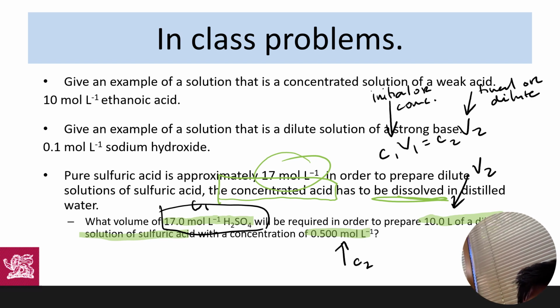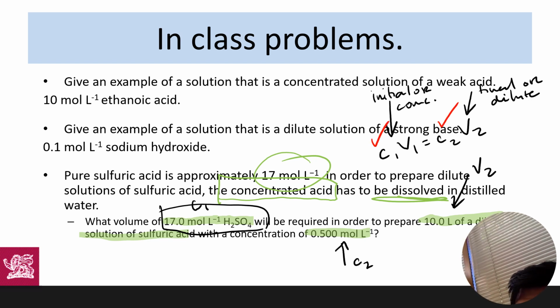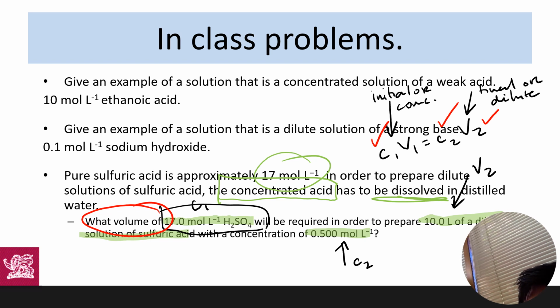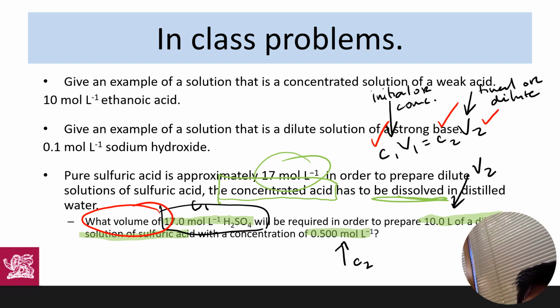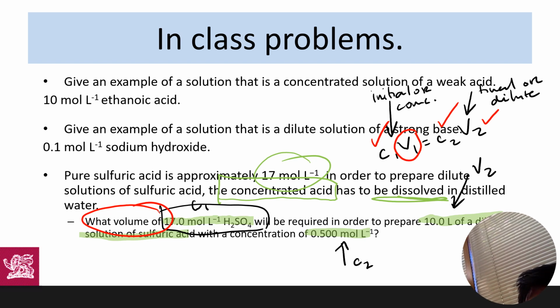So in my preparing for calculations, I've got this C1, I've got the concentration for the final dilution, I've got the volume of the final dilution, and the question wants me to confirm what volume do I need. So that's the one I don't know, therefore that's the one I need to calculate.